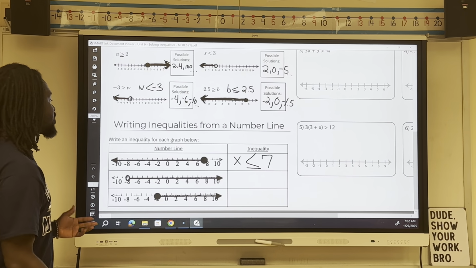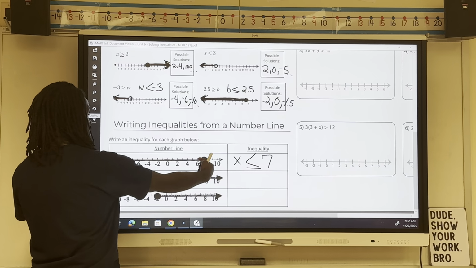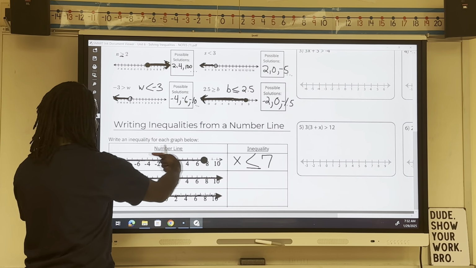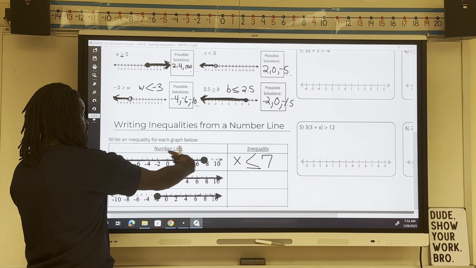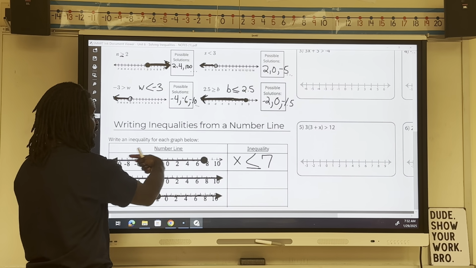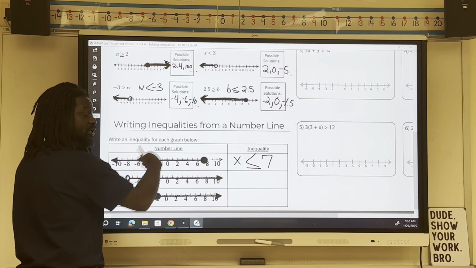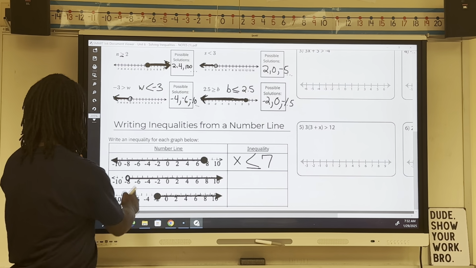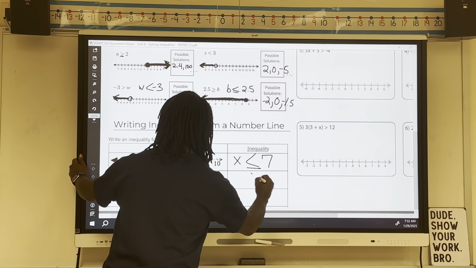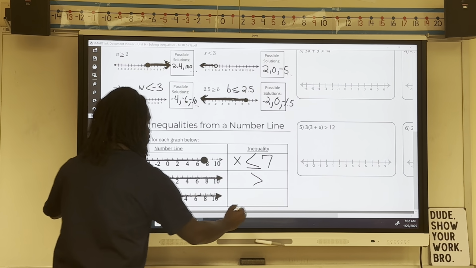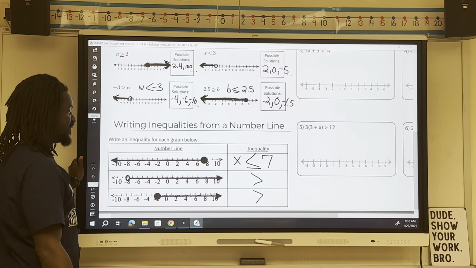So I got to use the less than inequality symbol, but because it's shaded, it's also going to be equal to. Okay. So again, if you remember what I said is when you put the variable in the front, the arrow points to where the inequality symbol must be facing. All right, so I know in this case the inequality symbol is going to be facing that way. And this one, I also know the inequality symbol is going to be facing that way, right?